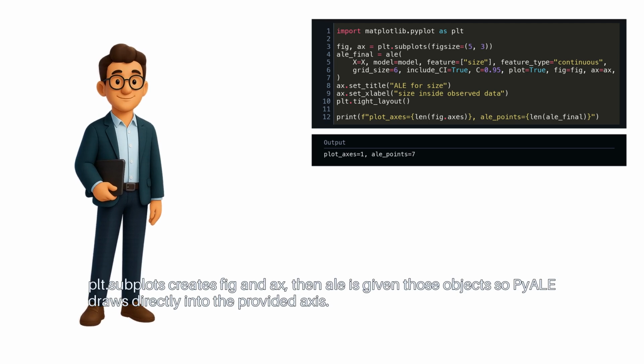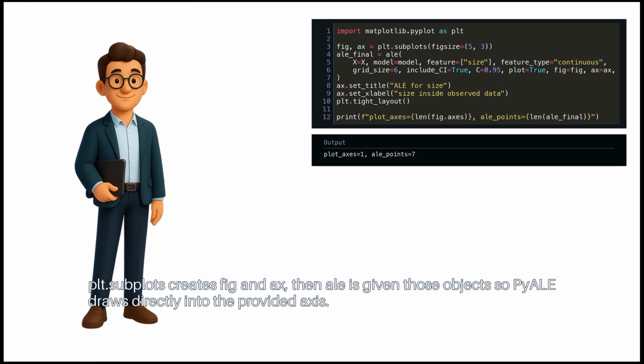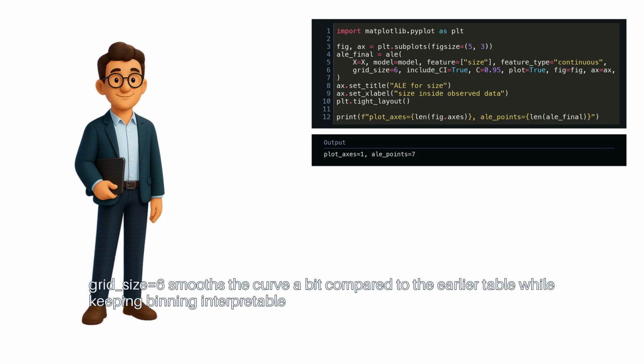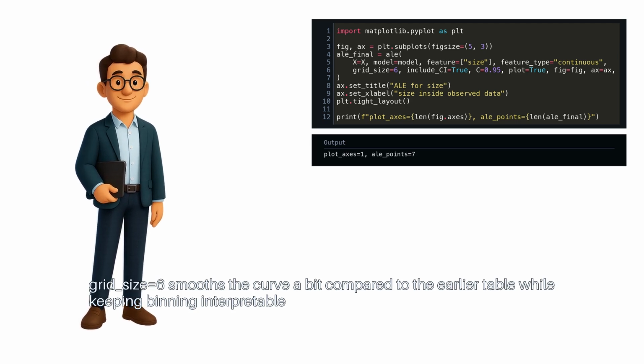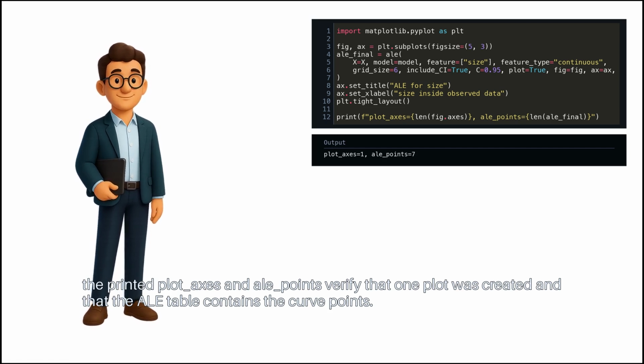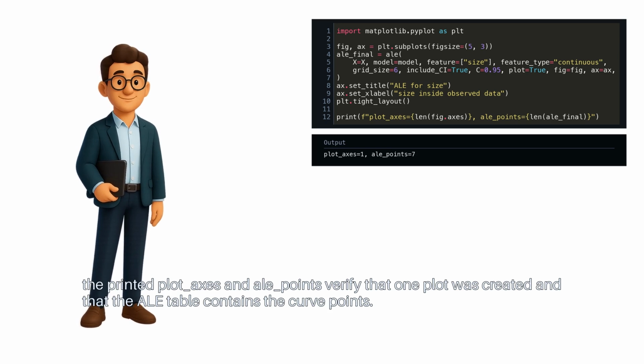Then ALE is given those objects, so PyALE draws directly into the provided axis. Grid size 6 smooths the curve a bit compared to the earlier table, while keeping binning interpretable. The printed plot axes and ALE points verify that one plot was created and that the ALE table contains the curve points.